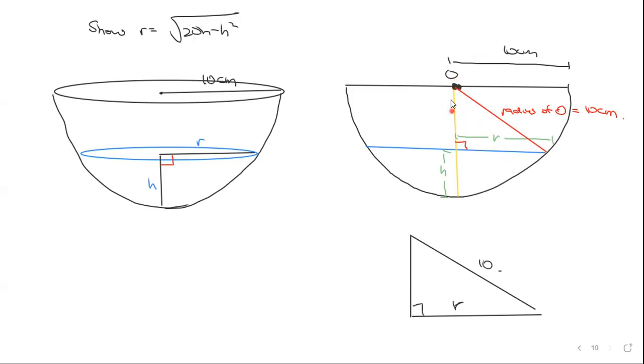And this yellow line that I've drawn down is also a radius of the circle, which means the entire length is 10. But if that's 10 and this is h, then this length here is going to be 10 minus h.